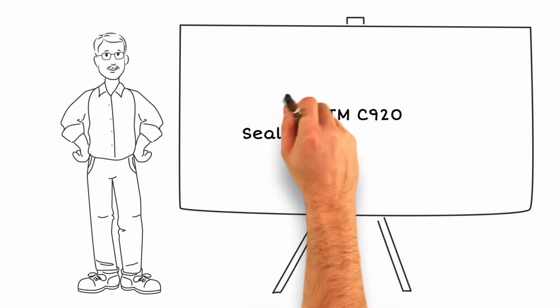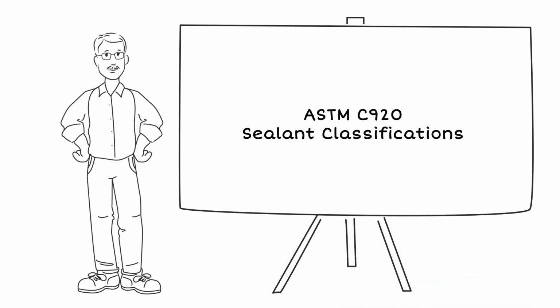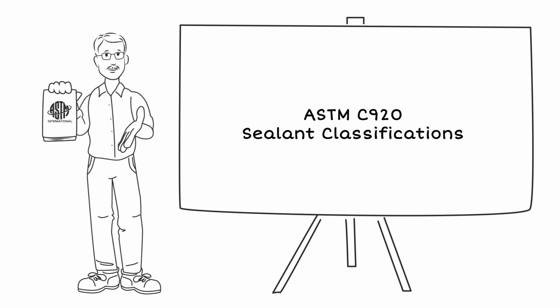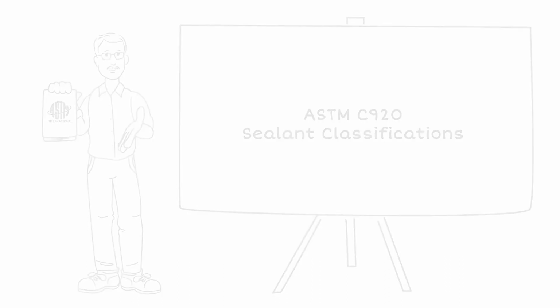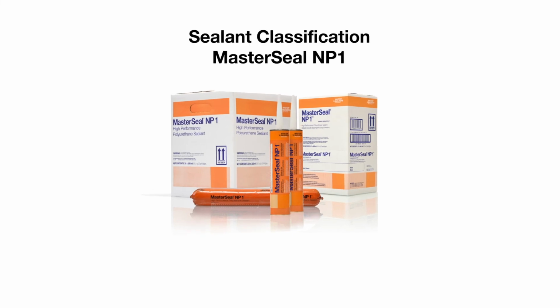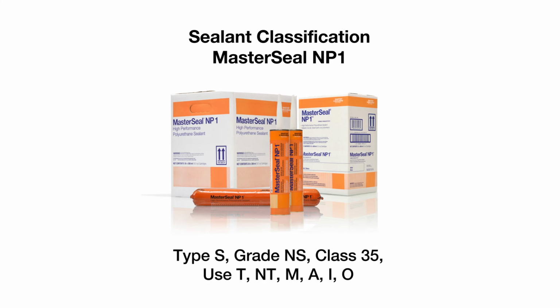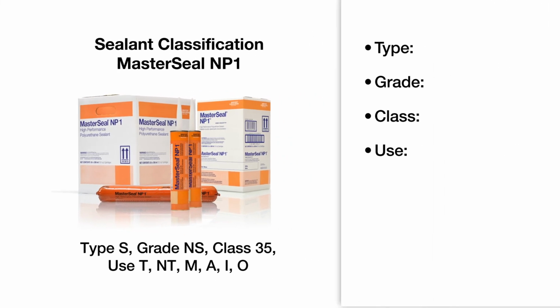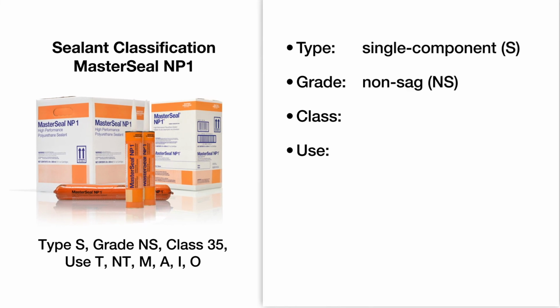In addition to reporting results of relevant testing on technical data guides, reputable sealant manufacturers will provide ASTM C920 classifications. Let's look at the classification for Master Seal NP1 one-component polyurethane sealant, which reads Type S, Grade NS, Class 35, Use T, NT, M, A, I, and O. This means it is a single-component, non-sag sealant that can regularly expand and recover 35% of the joint width.